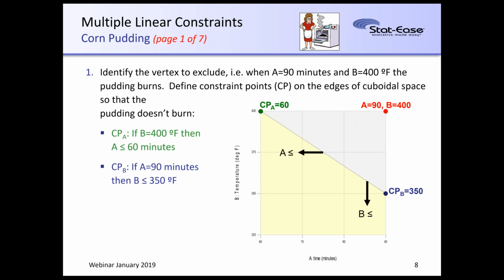So the steps we go through: first we identify the corner of the space that we want to exclude. In this case, the corner we want to exclude is the longest time and the highest temperature. So we want to eliminate the vertex where A is 90 and B is 400.